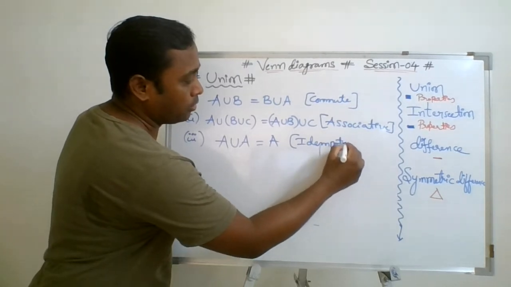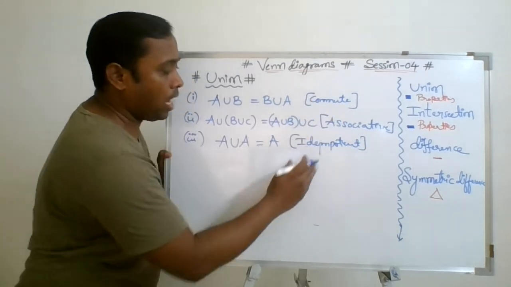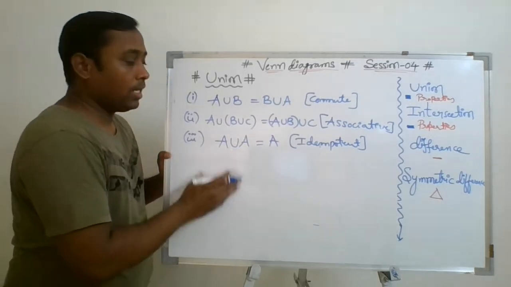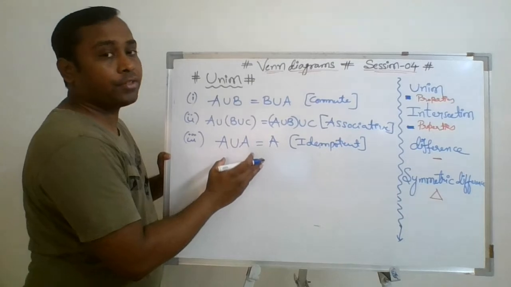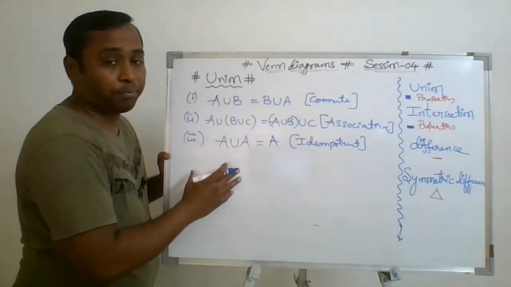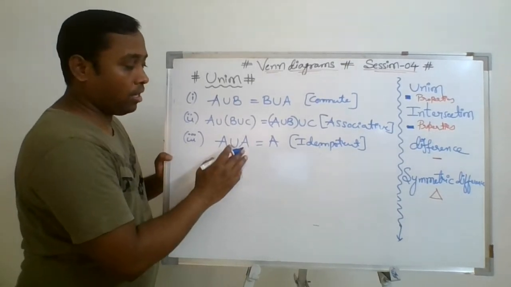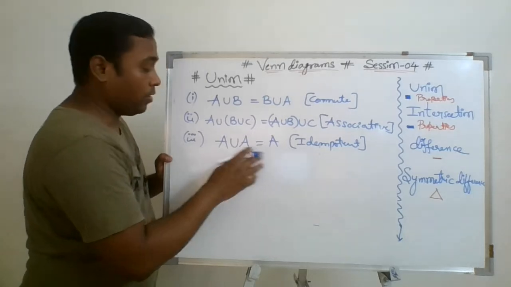Idempotent law simply says the union of the set with itself gives the same set. So A union A always gives A.